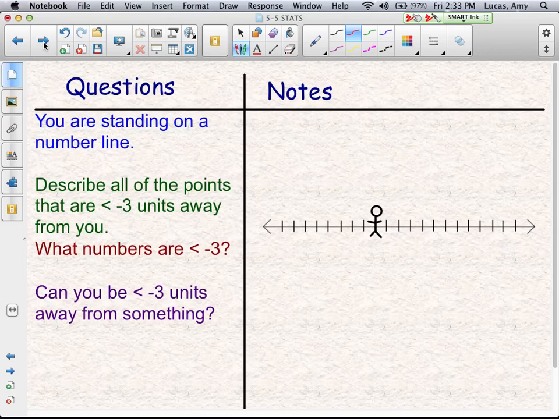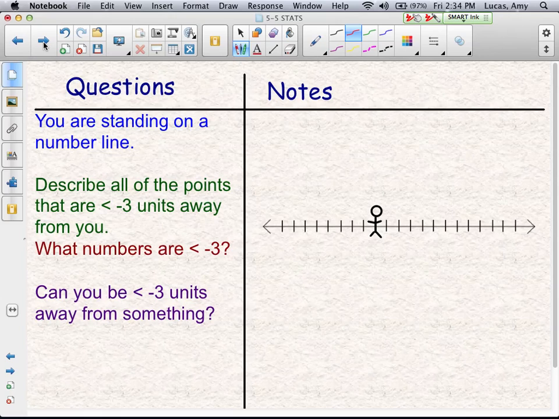Now you may recall that an interval wasn't the only thing that could happen in our compound inequalities when we were working with intersections. So this next slide says, imagine that you're standing on the number line again. Now I'd like you to describe all of the points that are less than -3 units away from you.